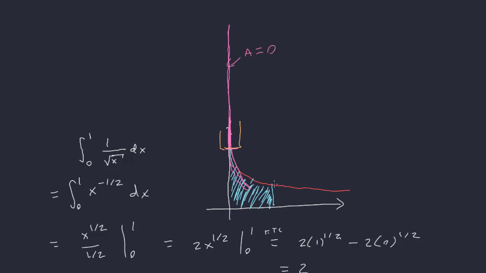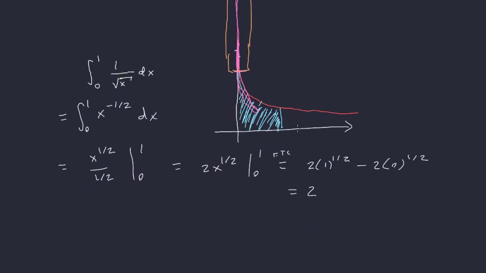Okay, so some functions get so close to the y-axis so fast that eventually all you're doing is adding up a bunch of zeros up here. Okay, so this area here goes to 0 fast enough to cause the integral to converge.